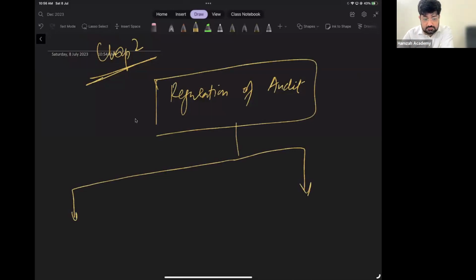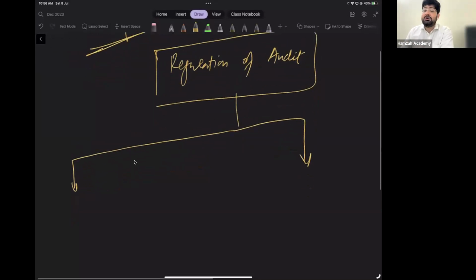Now, so students, the auditor is regulated and controlled because the auditor is checking the work on the financial statements of the company, but who will check the auditor? There must be someone to ensure the auditor is doing his job well.